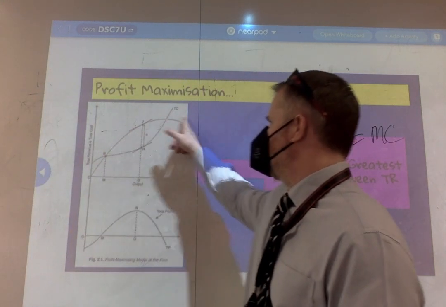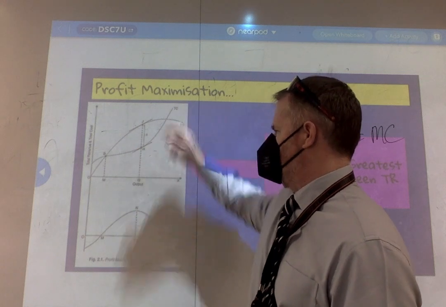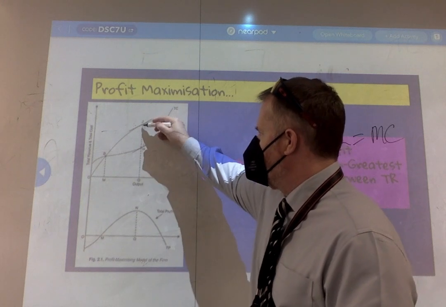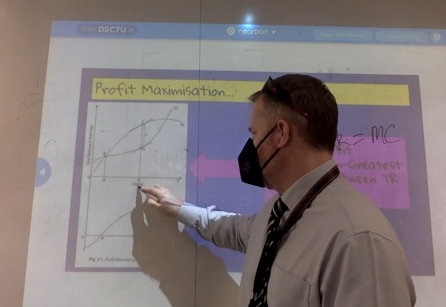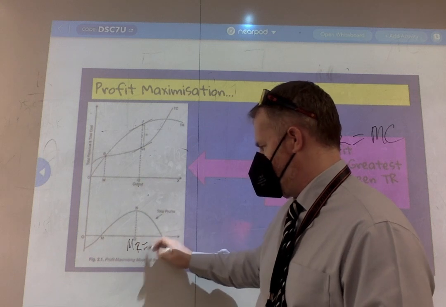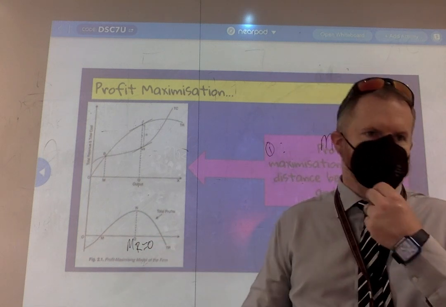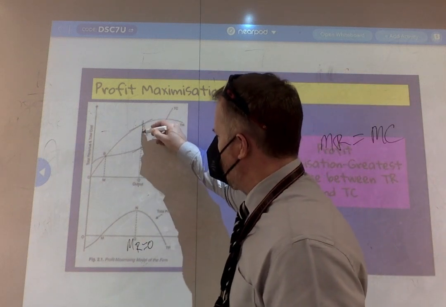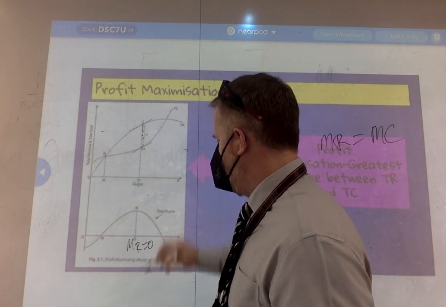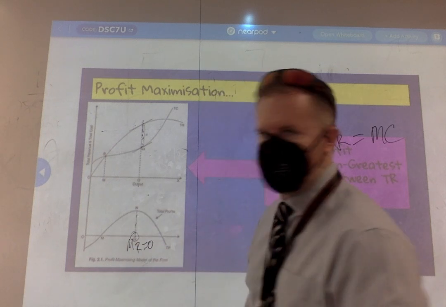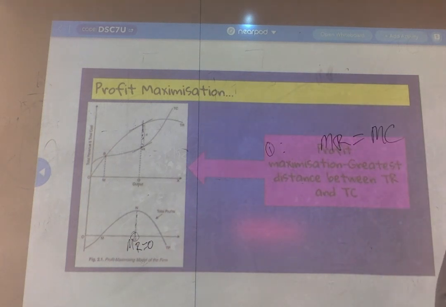Total revenue, total costs, total profits. There's that turning point that we saw where your marginal revenue is equal to 0. So the maximum distance between these two points here is going to equal this quantity here as the maximum level of profit that you can earn.